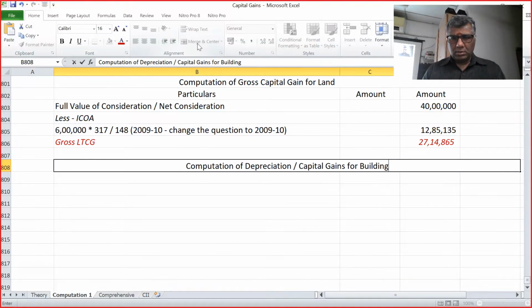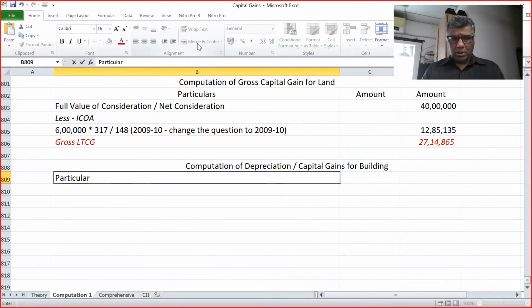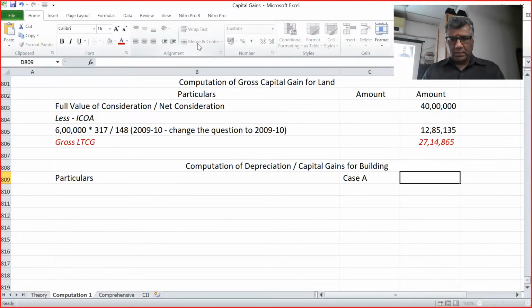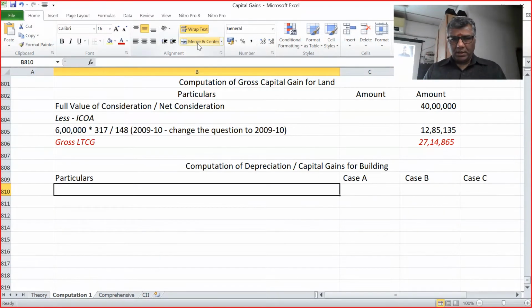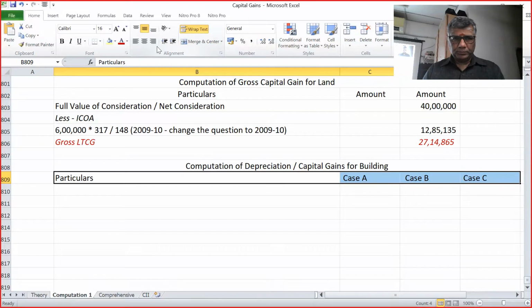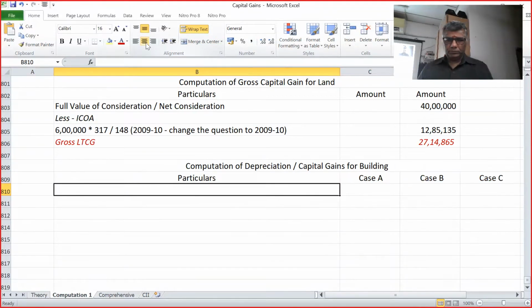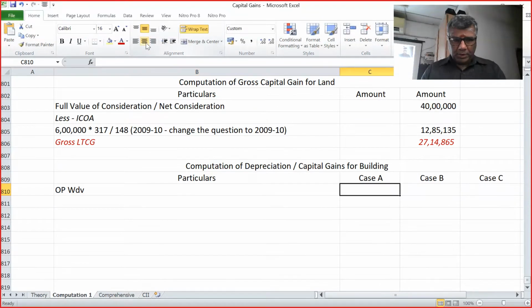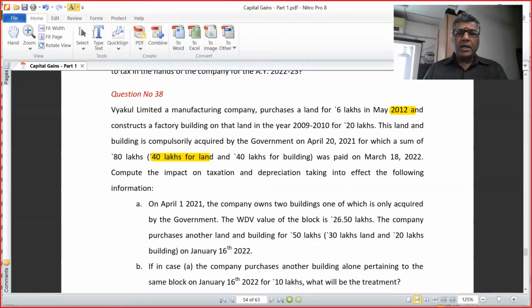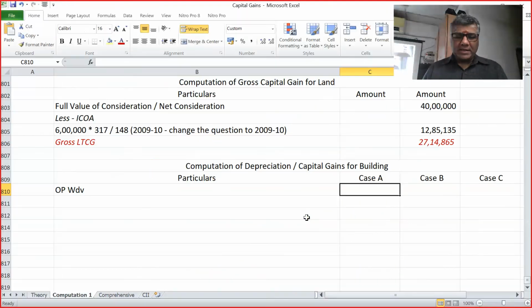Particulars: case A, case B and case C. Opening WDV is 26,50,000.